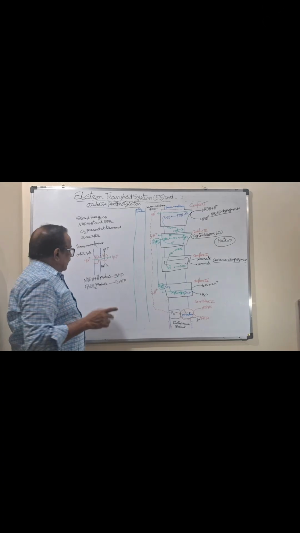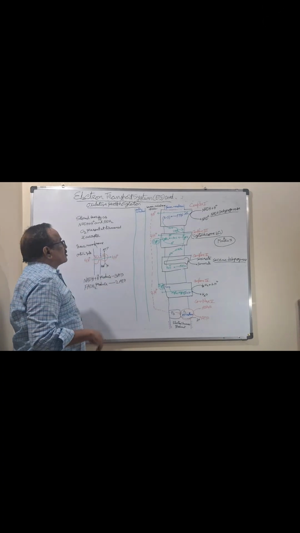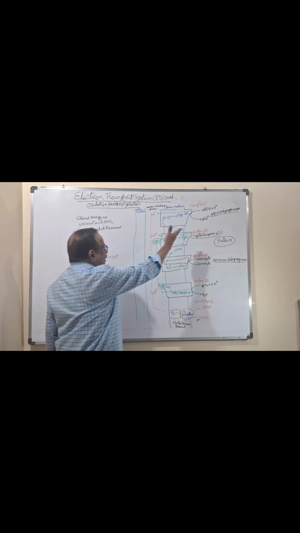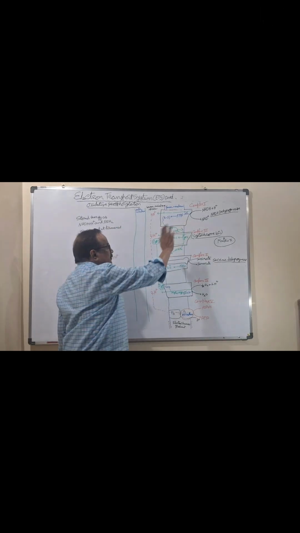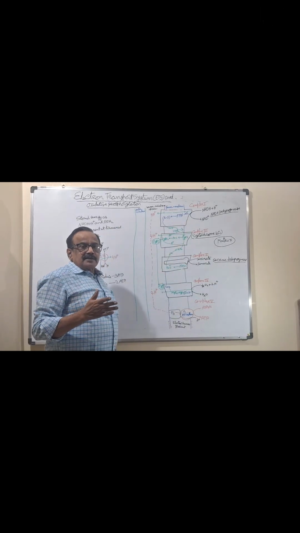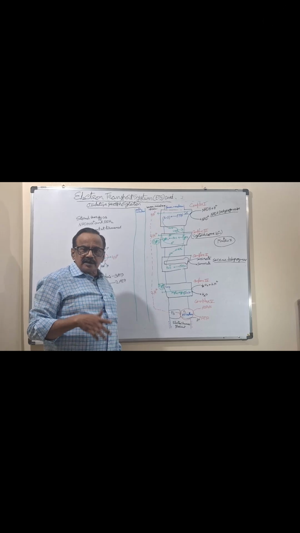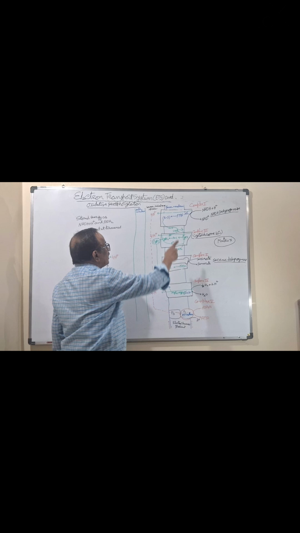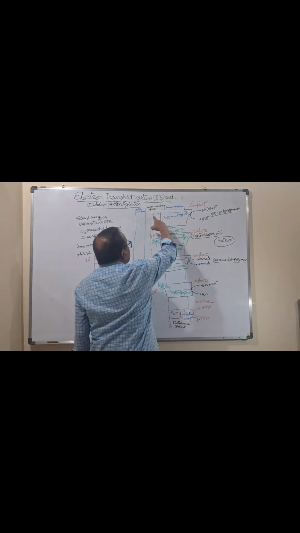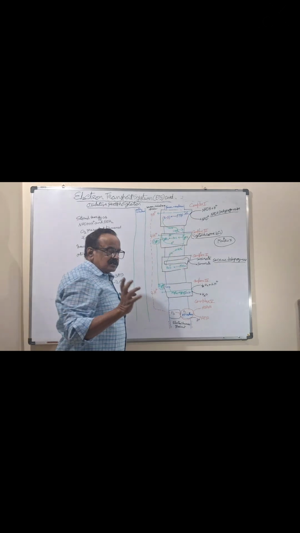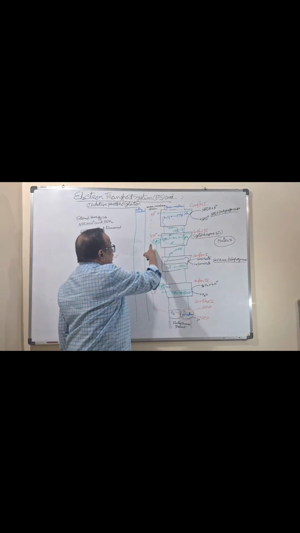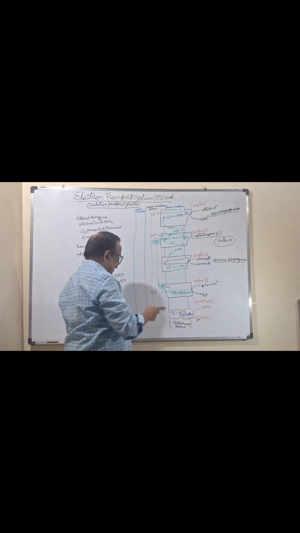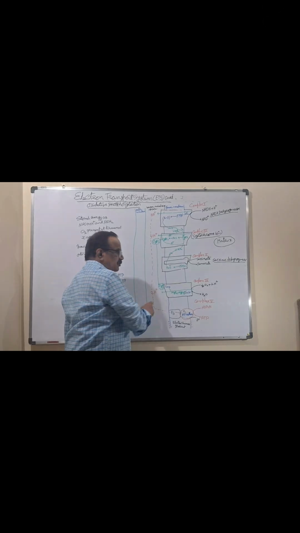Now we will see how the 3 ATP are produced. Now you see, NADH is oxidized, producing electrons and passing them on. How many protons has it pumped? You see, complex number 1 pumped 4 protons, complex number 3 pumped 4 protons, and complex number 4 pumped 4 protons.